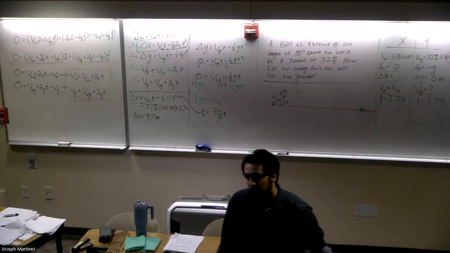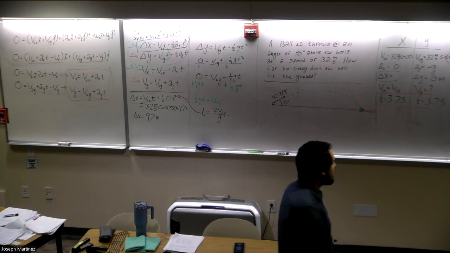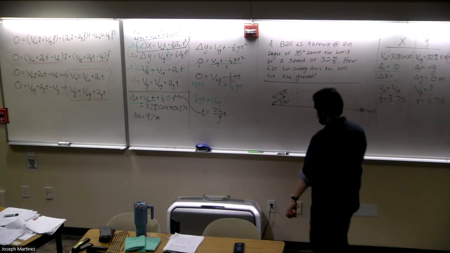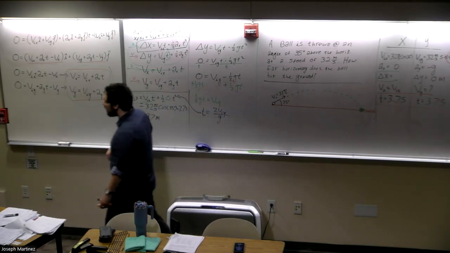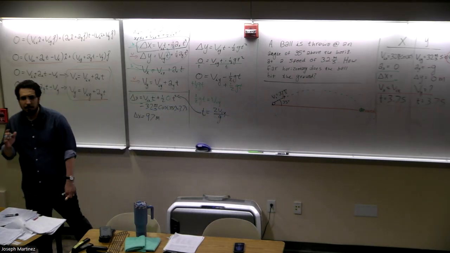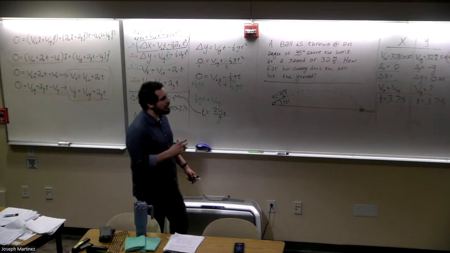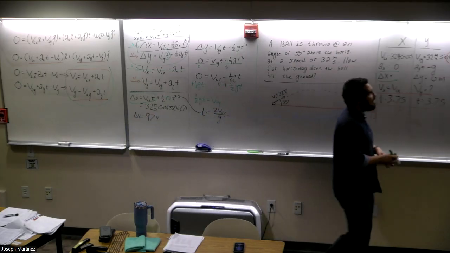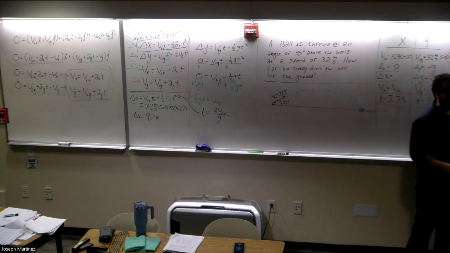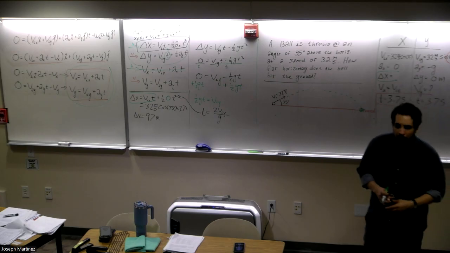All right, so just to recap, when we deal with motion, we're talking about velocities, acceleration, and displacement, and these are all vector quantities that can exist in multiple dimensions.